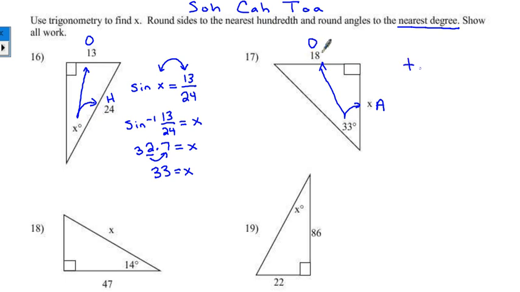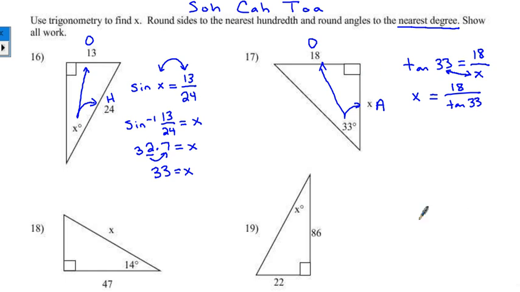So that's going to be the tangent of 33, the angle goes right behind the word, equals the opposite side, 18, over the adjacent side, x. Whenever the variable is on the bottom like this, you are going to switch everything from here to the bottom right here. You're going to put the x equals, and you're going to write 18 over tan 33.